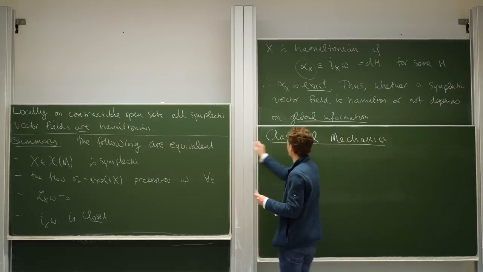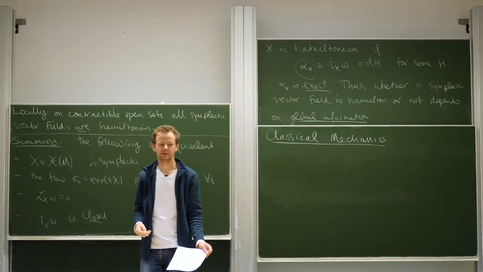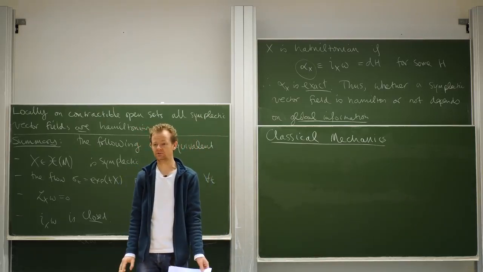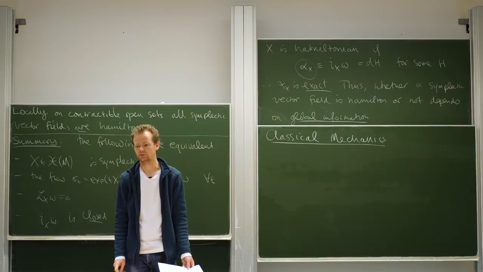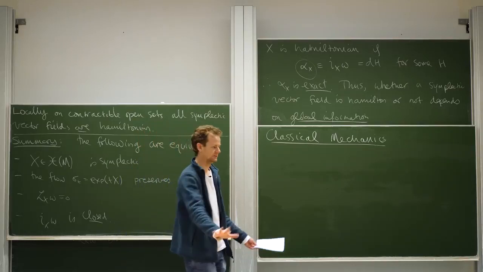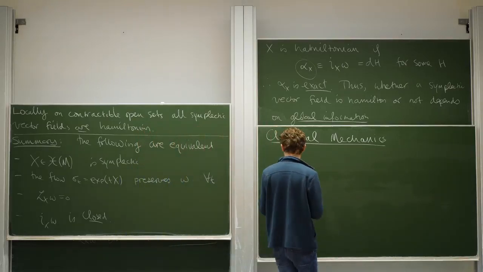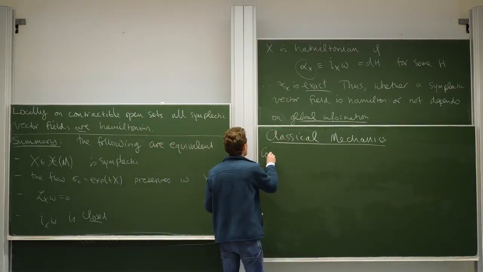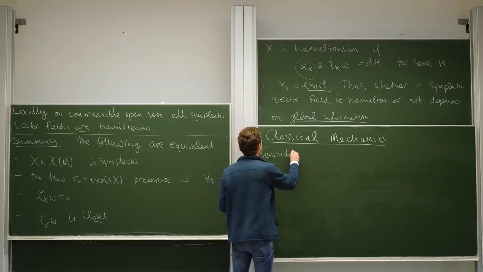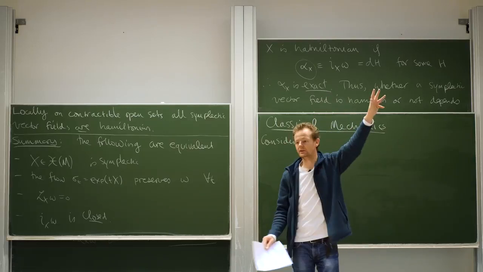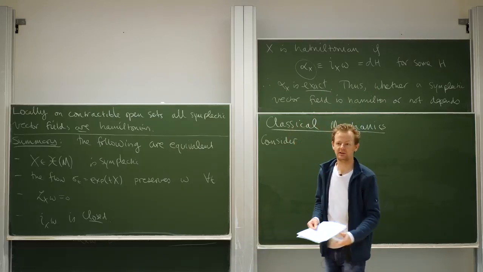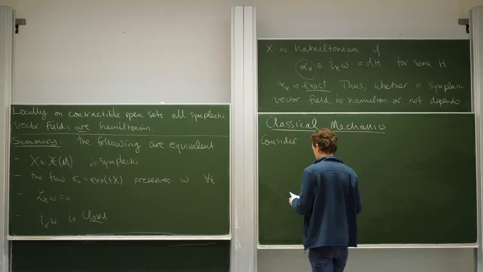Classical mechanics, okay. We know what classical mechanics is. That's one of the prerequisites for this course, that you've met Hamilton's equations, Lagrangians, Euler-Lagrange equations, all this sort of thing. This is assumed knowledge for this course. And now I want to show how indeed classical mechanics can be formulated in the language of symplectic geometry and gives rise to Hamilton vector fields, as you would hope from the name.